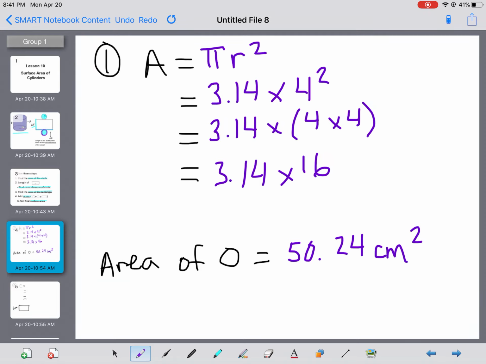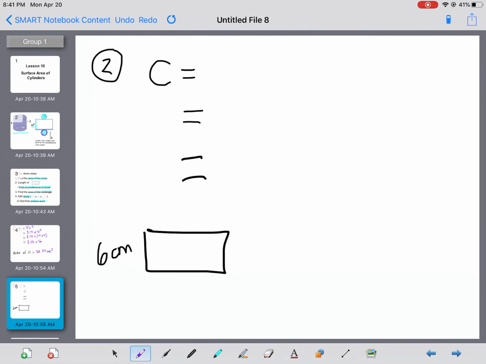Nothing new there, finding the area of a circle. For step 2, we want to find the length of the rectangle, and we do that by finding the circumference of the circle. Our formula is pi times the diameter. So 3.14 times the diameter, which is 8, twice the radius.